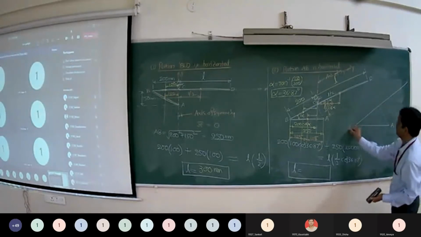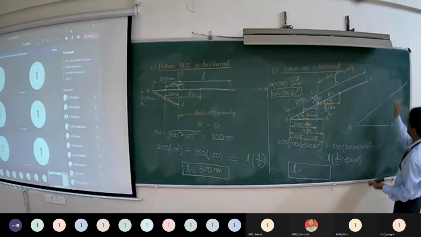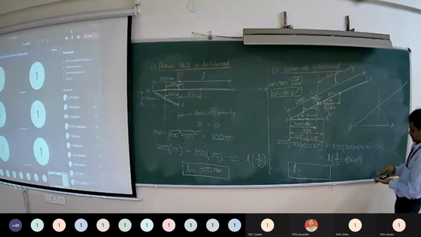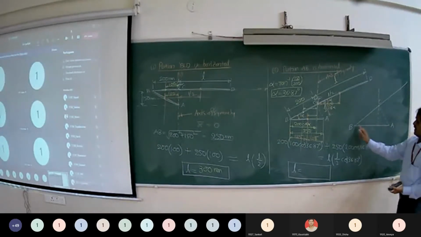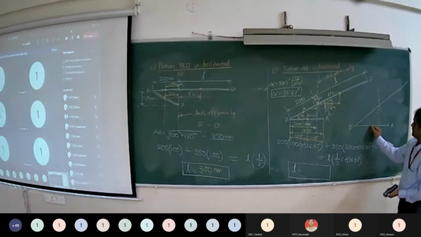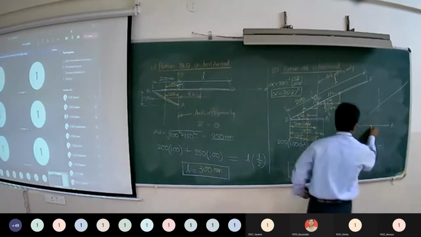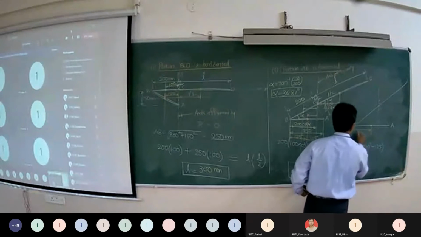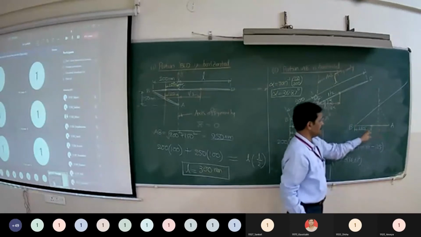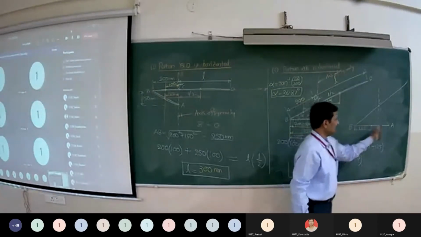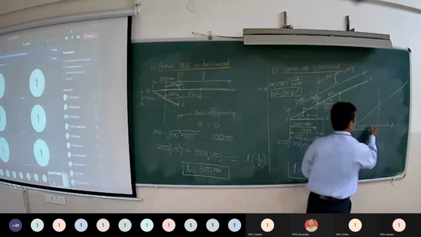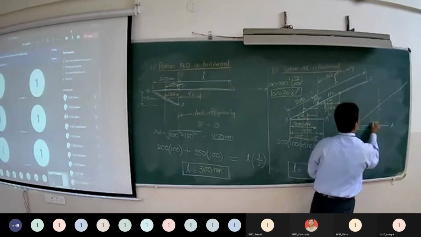You have this A, B, C and the vertical line. So what is the length of AB? 250, right? So the midpoint is the centroid, so you have this distance as 125, half of the total 250. Now by taking the moment of this line AB, moment is equal to the length of line AB into the distance of the centroid from this vertical axis.